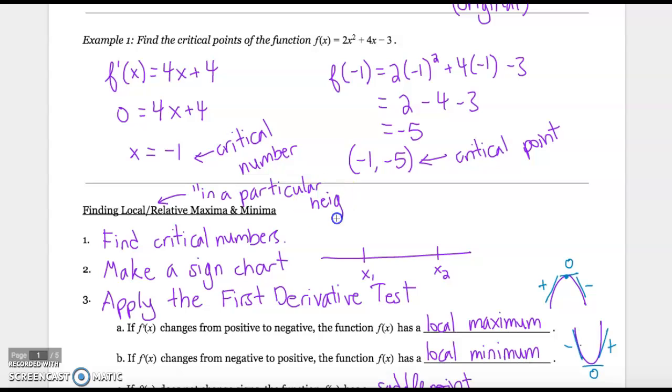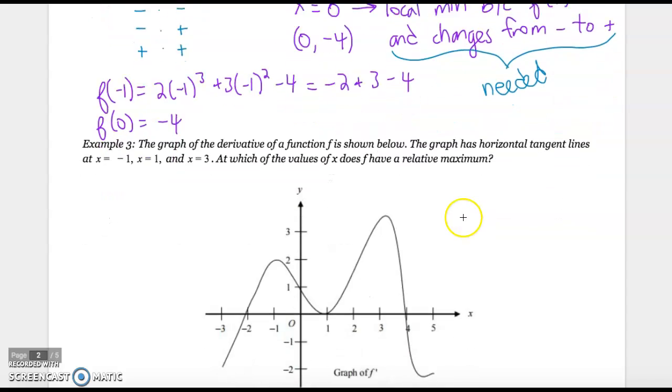So I don't want you to think that when we're finding these answers, they're the very maximum or the very minimum of the graph, because you could have a graph that has multiple different maxes and mins. These would all be local or relative maxes, and these would all be local or relative minimums, because in that particular neighborhood, that's the highest point. So maybe go back and write that note down specifically.